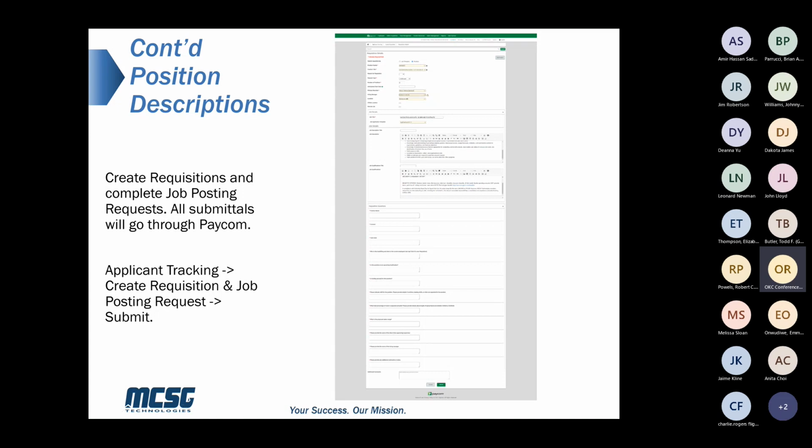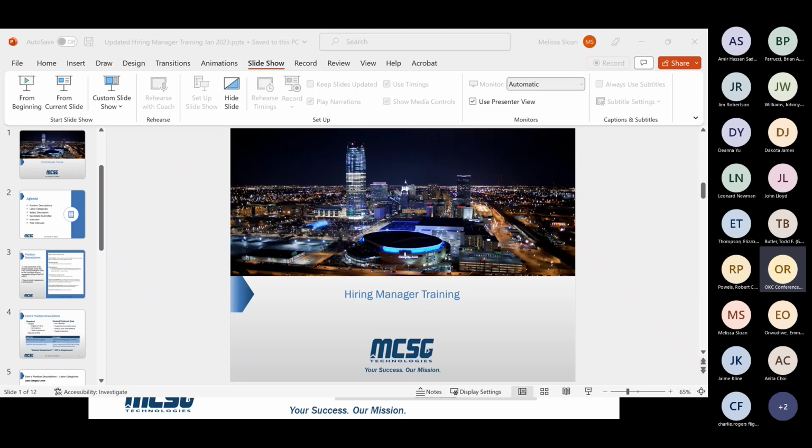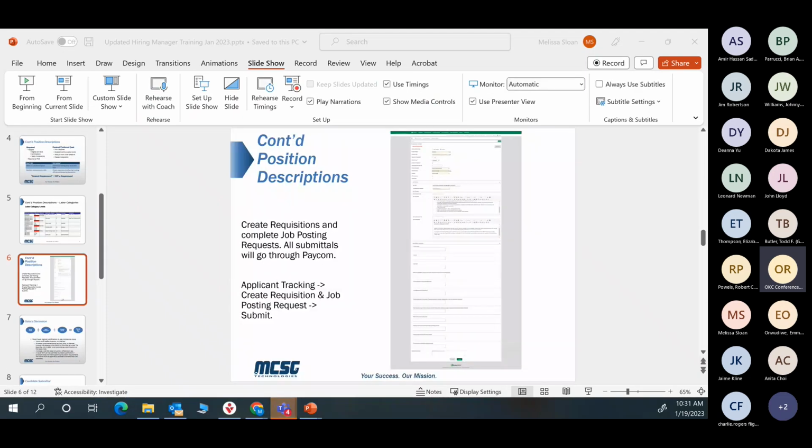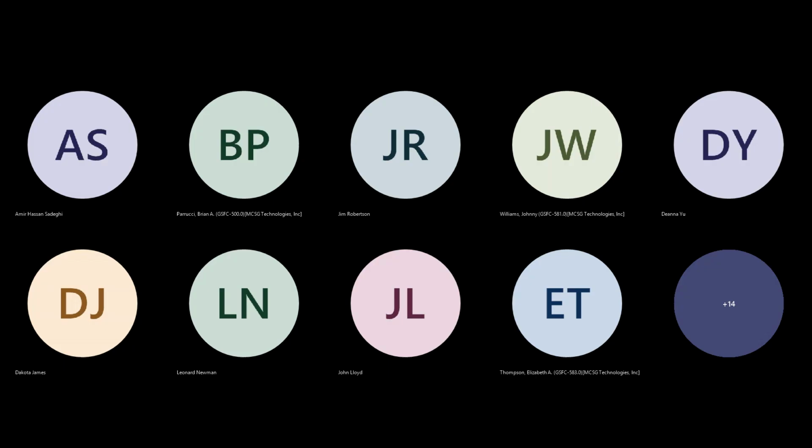I know this is really little, but basically what the job posting request does is you're able to give us all kinds of information when you submit the position description. What's working really well on all of our other contracts is that you can work with Anita in the PMO office.